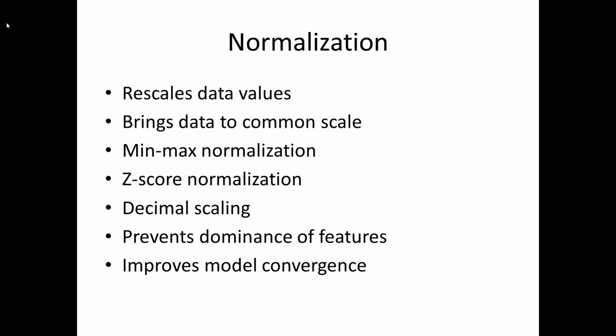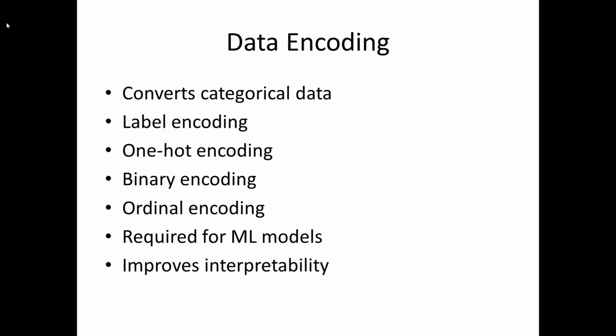It prevents dominance of features and improves model convergence. Data encoding converts categorical data: label encoding, one-hot encoding, binary encoding, ordinal encoding. It is used for machine learning models and improves interpretability of the data.